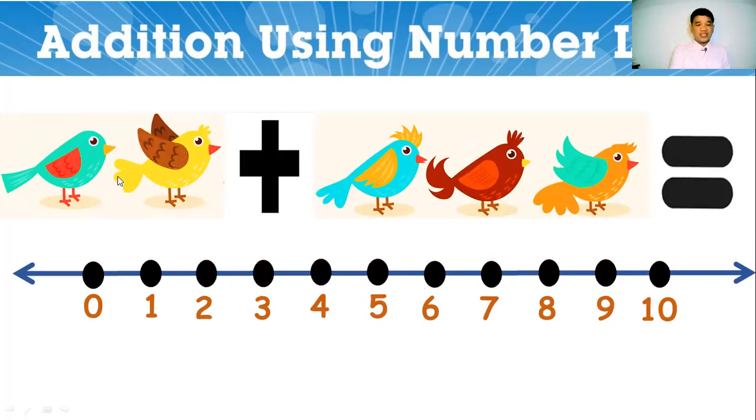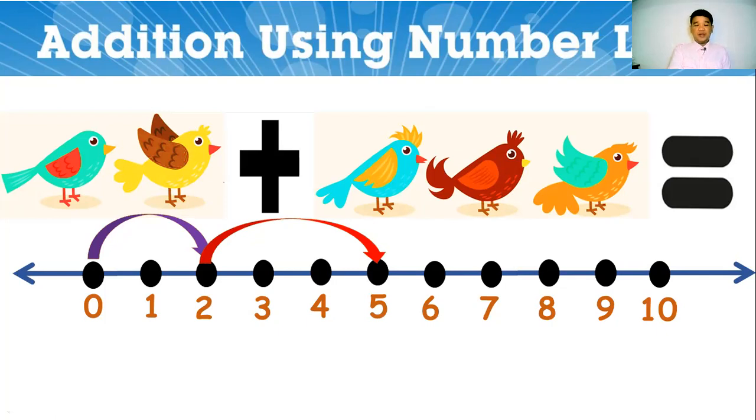So as you can see, there are 2 birds. Now use the number lines. So we have here. And then the second object from here, using the number lines, it starts from number 2 to number 5. Now, question, how many birds are there altogether?